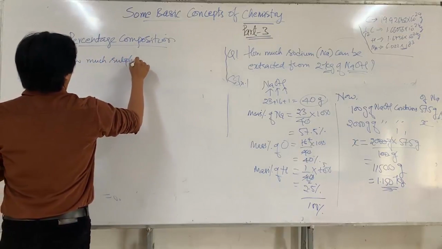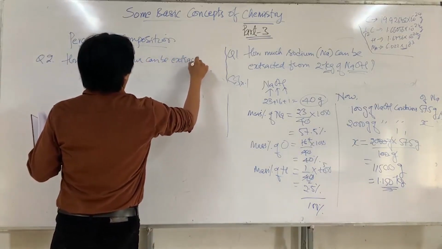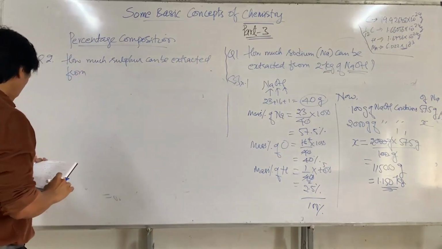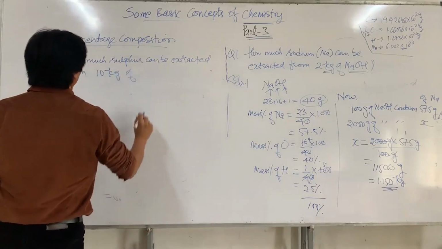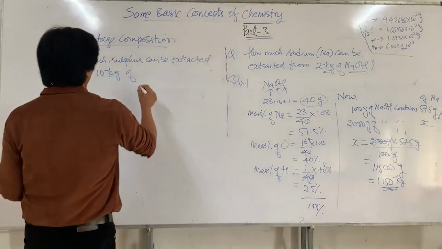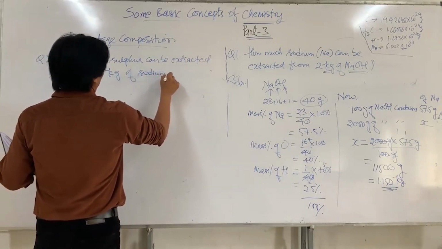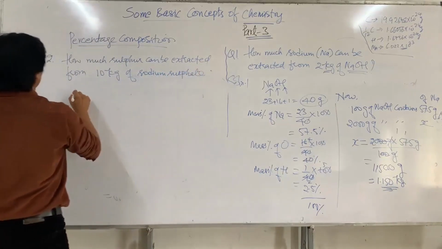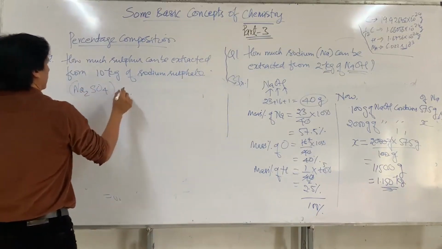How much sulfur can be extracted from, let's see, 10 kilogram of, this is sodium sulfate. The formula of sodium sulfate is Na2SO4.